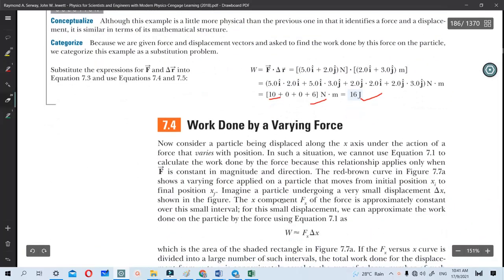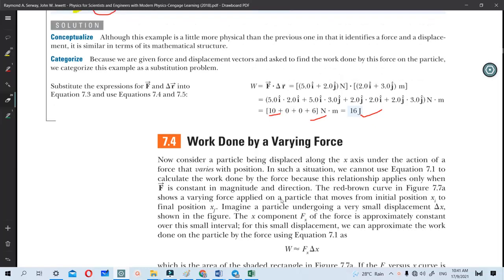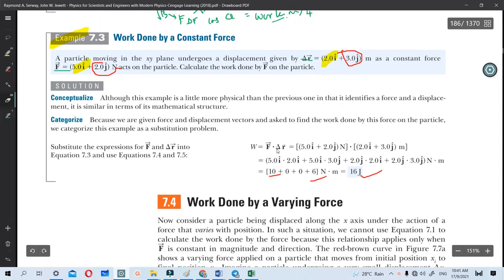Now, in the situation where we have a varying force, which is not constant, we can't use the expression from earlier, F dot delta R. Why? Because the force needs to be constant.